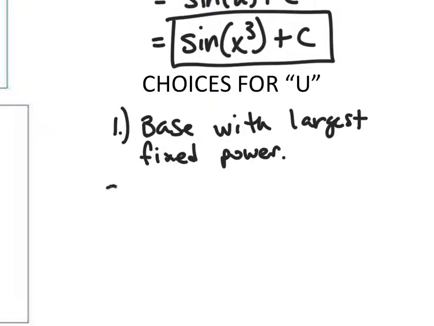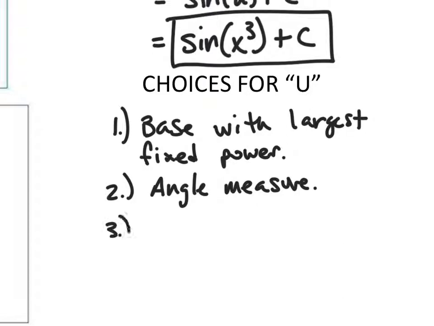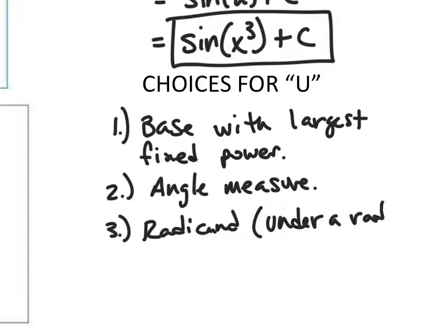The second option would be an angle measure in a trig function. The third option would be the radicand, and that's what's under the radical sign. The fourth option is the entire radical.